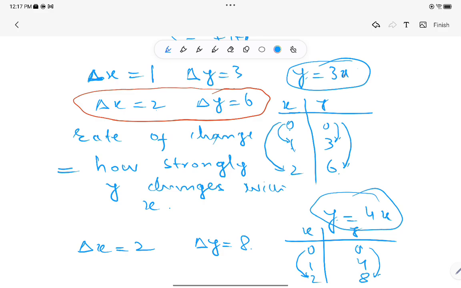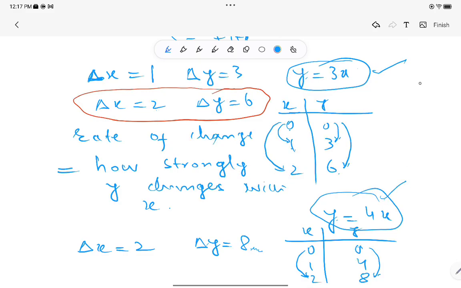You have to change x by the same amount, and then look at the corresponding change in y. Where y changes more, rate of change is more. Where y changes less, rate of change is less. So in order to compare two relations, which of the two is stronger?